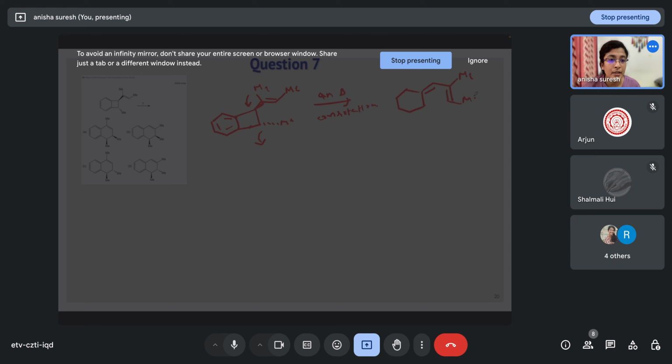Methyl, methyl, and here this methyl, hydrogen will be coming outside, methyl will be going inside. Okay. Now this is a 6 pi electron system, 4n plus 2 delta disrotation.